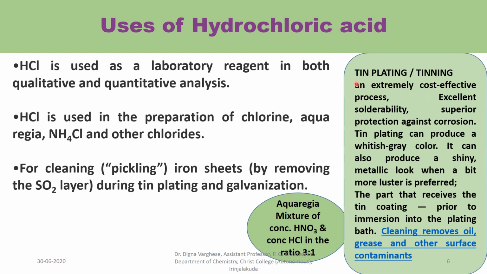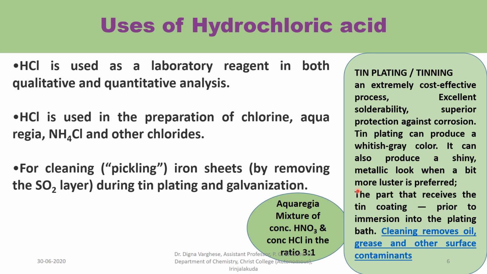Tin plating or tinning is an extremely cost-effective process because tin is a less expensive metal with excellent solderability and superior protection against corrosion. Tin plating can produce a whitish gray color. It can also produce a shiny metallic look when a bit more luster is preferred.